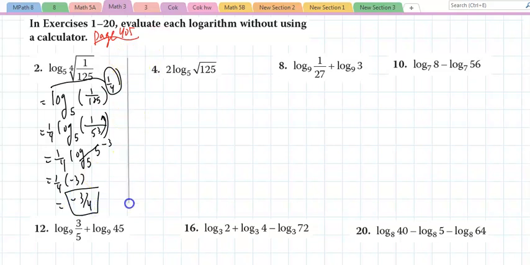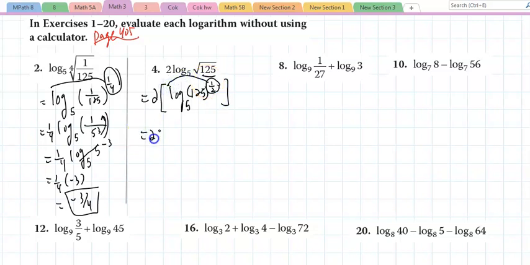Same deal here. I can't really say log base 5 of, because that's under the radical. So I'm going to say this is 2 times a log base 5 of 125 to the 1/2 power. So if the argument is raised to a power, by the third law, I could move that up front and say that's twice 1/2 times the log base 5.